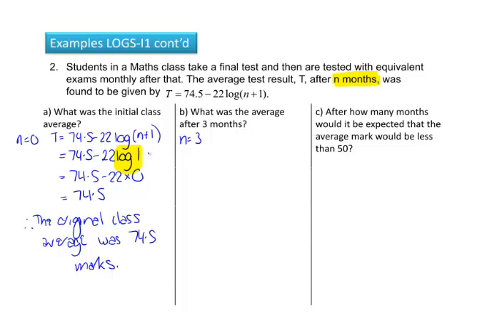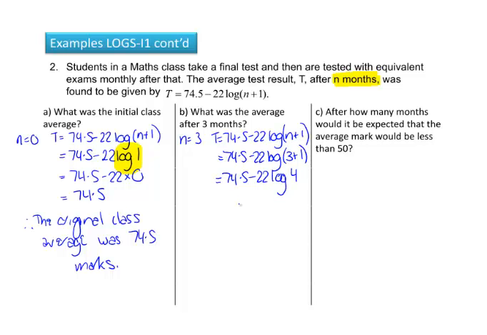So it's exactly the same question as before. Write out my formula and plug in 3, which is 74.5 minus 22 log of 4. Now I can go straight to my calculator. 22 log of 4 is approximately 13.2, so my answer is approximately 61.3.